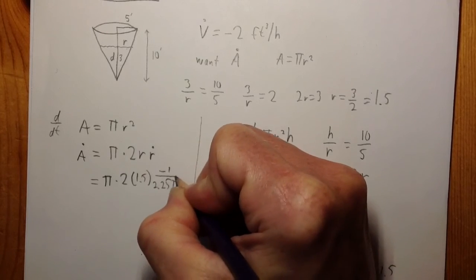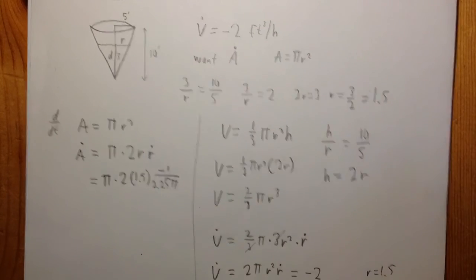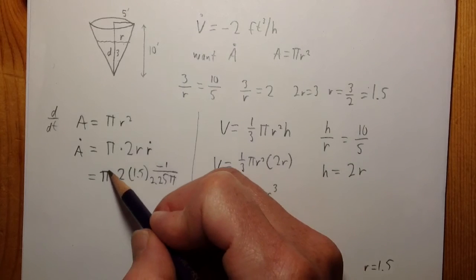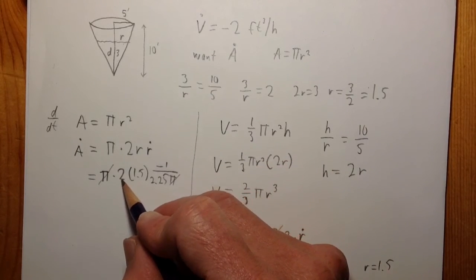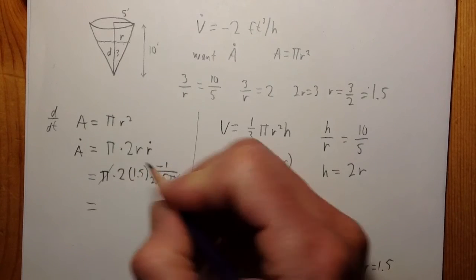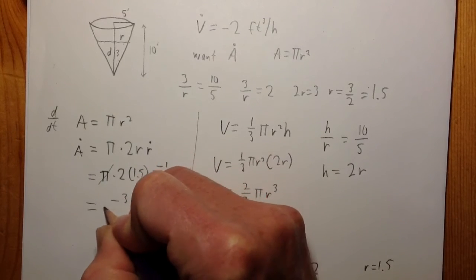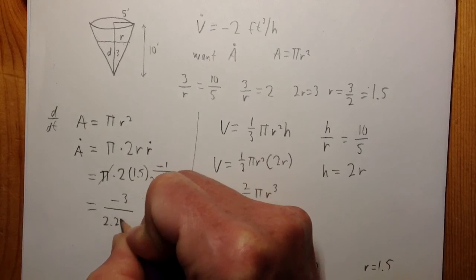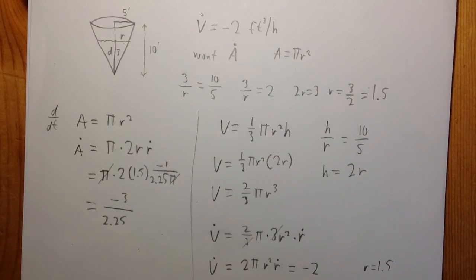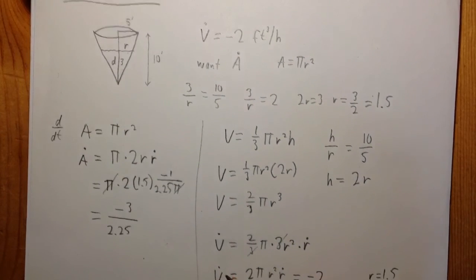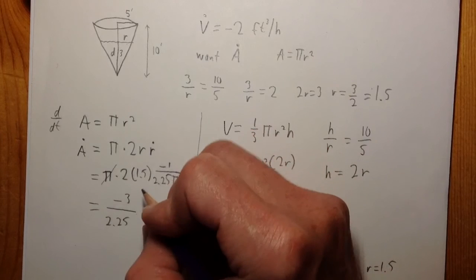Here's why it was nice to keep it perfect. We didn't get decimals because look, the pi's cancel. That's nice. And so that's -2 times 1.5 is -3, so that's -3 over 2.25. Let's see what that is. 3 divided by 2.25 looks like 1 1/3.